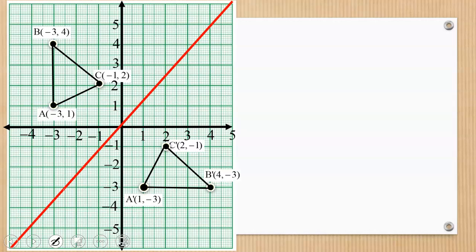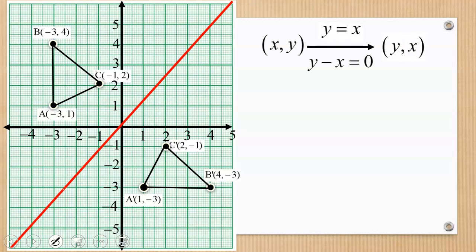And again, if you observe the values of A, B, and C in line with the A prime, B prime, and C prime, you observe that if A is, let's say, -3, 1, A prime becomes 1, -3. It just swaps. C is -1, 2.